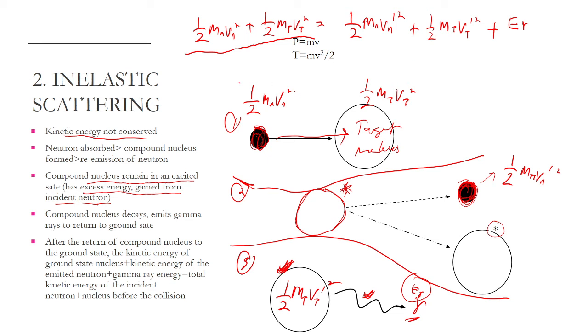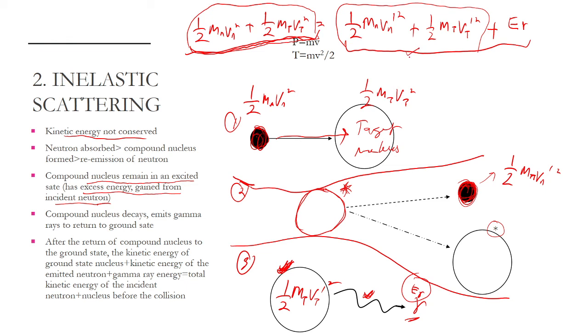On the left hand side is the total energy before the collision, and the right hand side is the total energy after the collision. If you only consider the kinetic energy before and after, then there is excess.